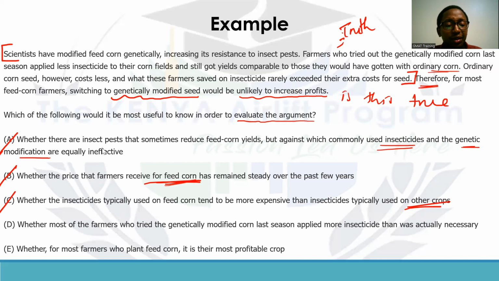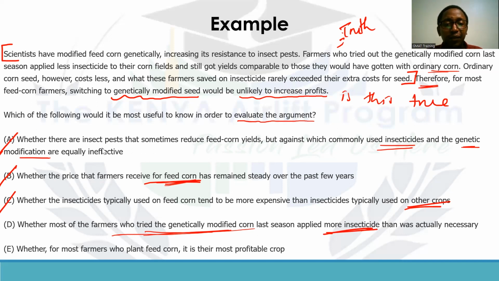D, whether most of the farmers who tried the genetically modified corn last season applied more insecticide than was actually necessary. So you see, now we are comparing if these farmers of genetically modified corn used more insecticide than was actually necessary.